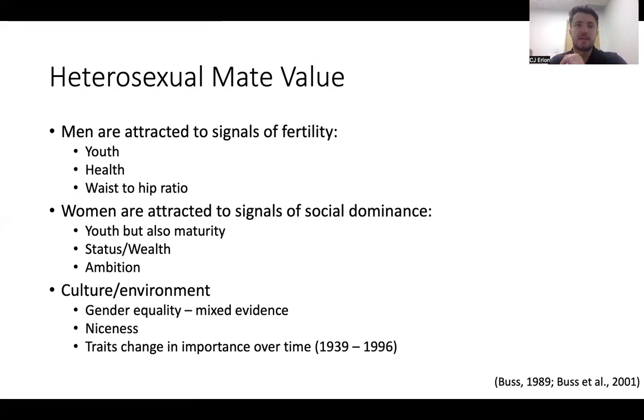There's mixed evidence of this, where in one study that the book talks about, when women were making more money and getting more equality based on that, the traits that are looked for in terms of that wealth or ambition aspect didn't change.